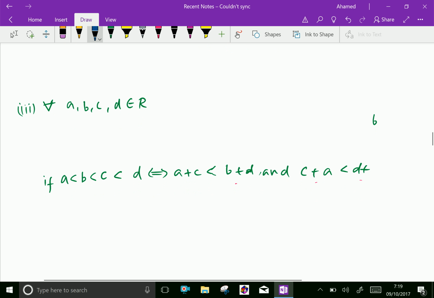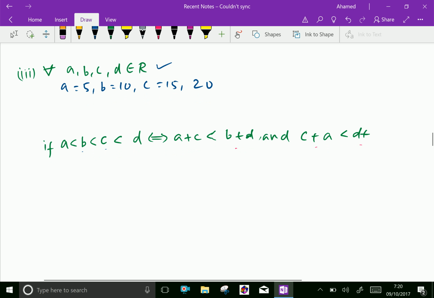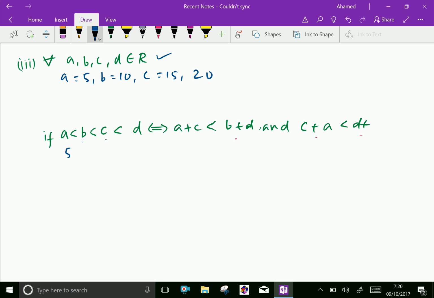Here if A, B, C, D are elements of R such that A is lesser than B, lesser than C, lesser than D. Take A is 5, B is 10, C is 15, and D is 20. Now here 5 is lesser than 10, lesser than 15, lesser than 20.